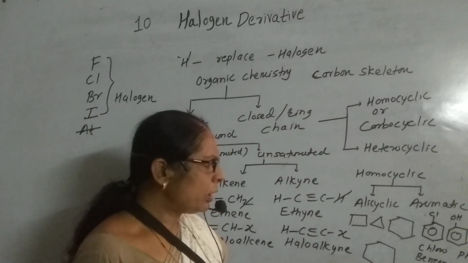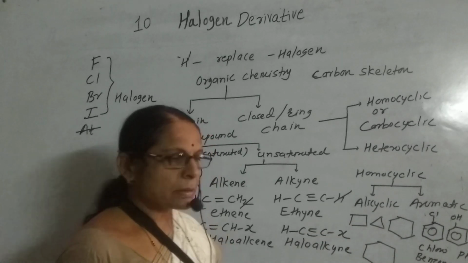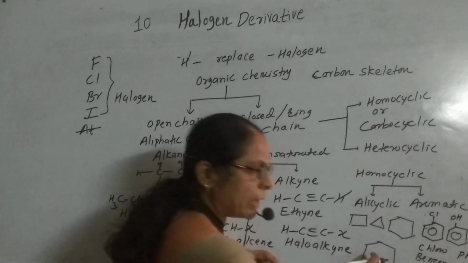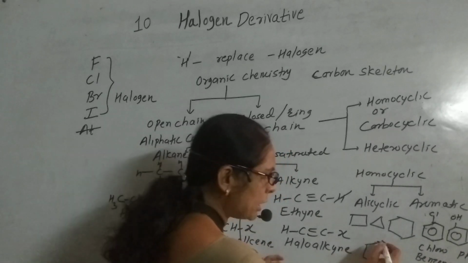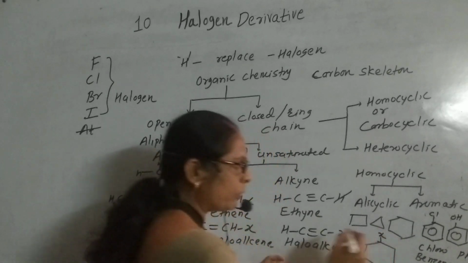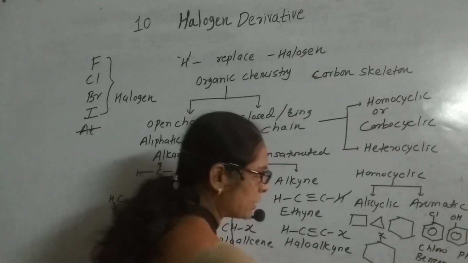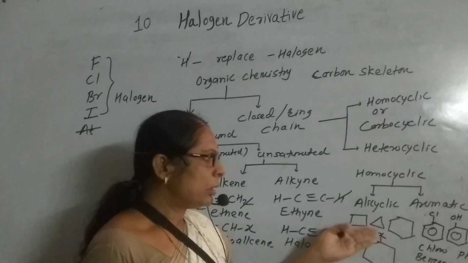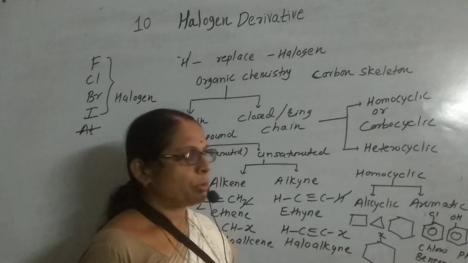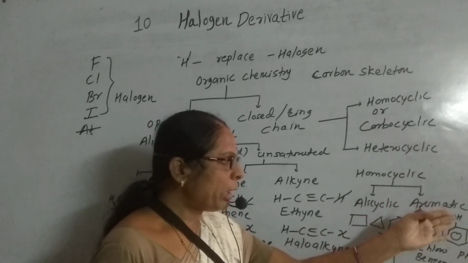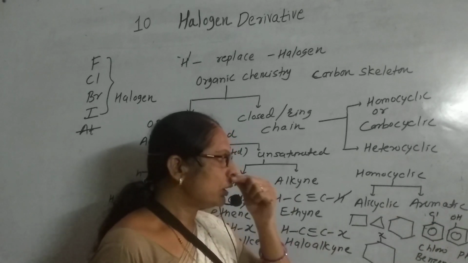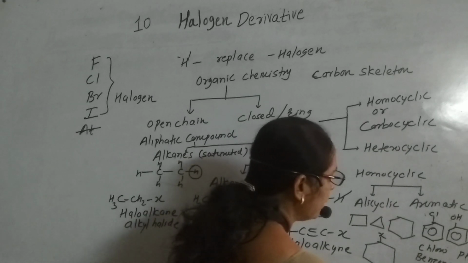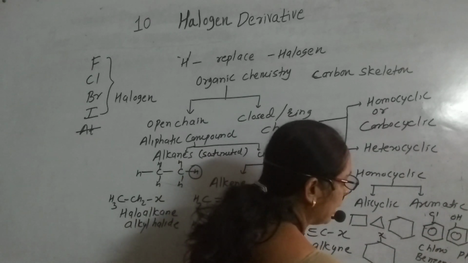Here the hydrogen can also be replaced. Take the example of cyclohexane. If the hydrogen is replaced by halogen, we get the corresponding alicyclic halo compounds. Similarly, aromatic compounds give the corresponding halogen compounds, and they are called aryl halides.